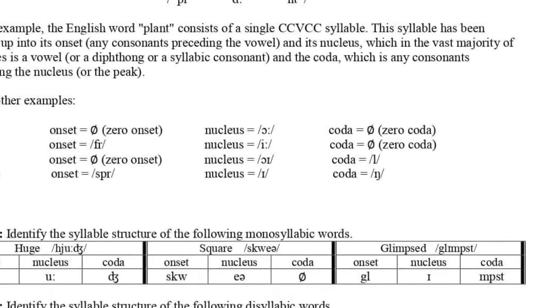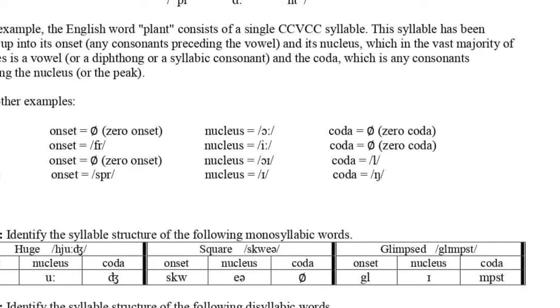The third word is glimpsed. In this word, we have the onset composed of 2 consonants g, l, the nucleus, which is short e, and the coda composed of 4 consonants, which are m, p, s, and t. T stands for the ed ending.